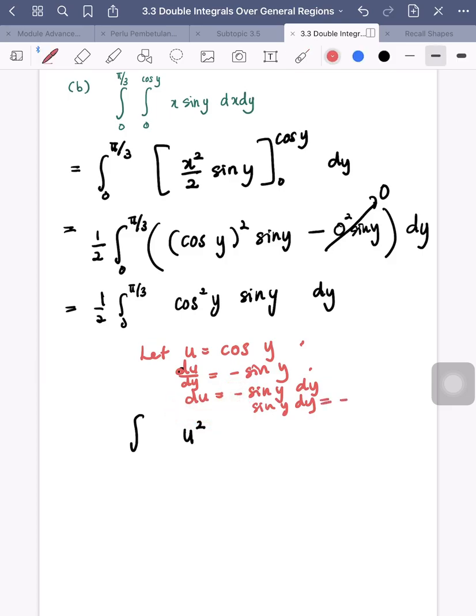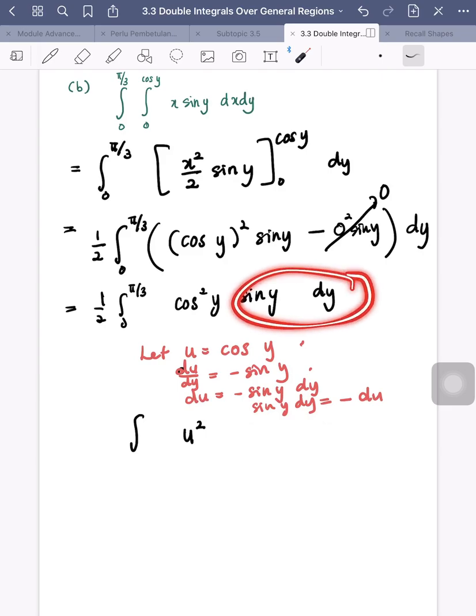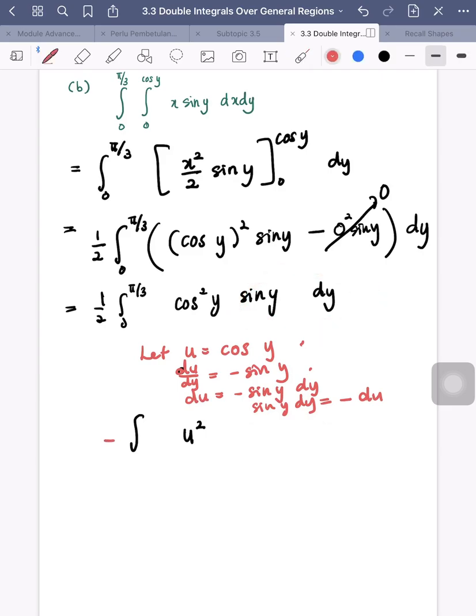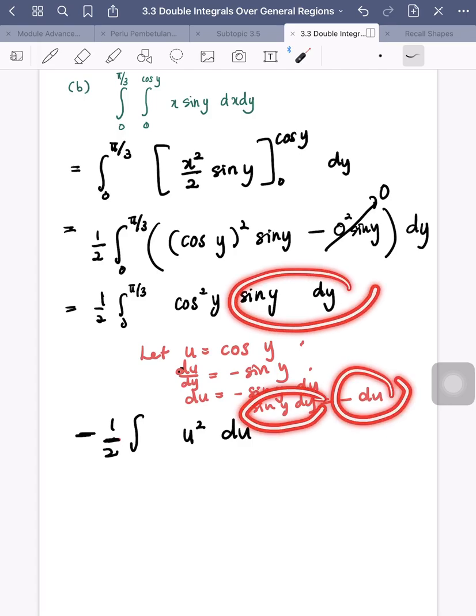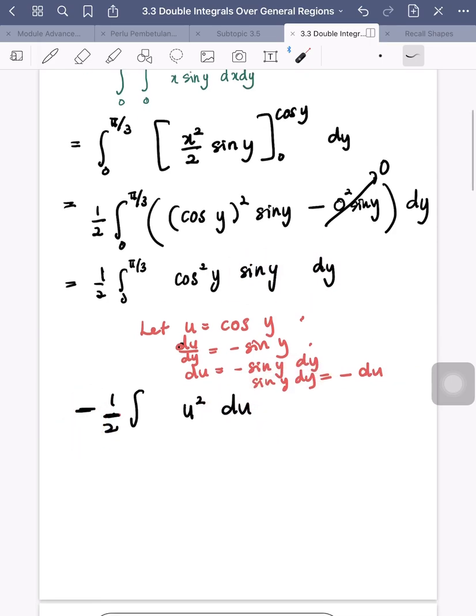So sin y dy is equal to negative du. Again, negative du is sin y dy, and sin y dy is negative du. Okay, continue. Now you substitute.